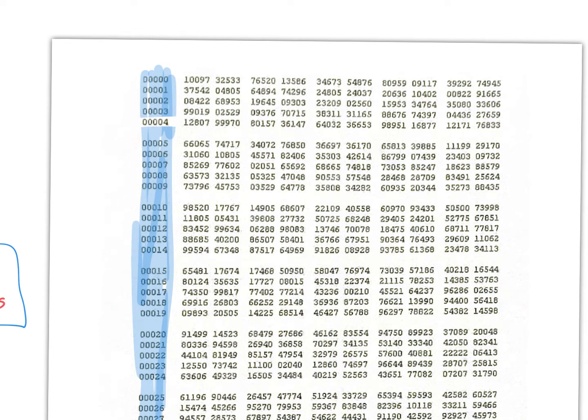So we have to find 10 three-digit numbers that are between 001 up to that 268, because that's how many different words there were in this list. We have to think of these as three-digit numbers.